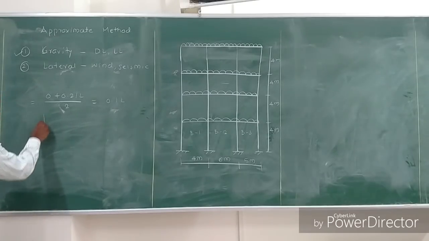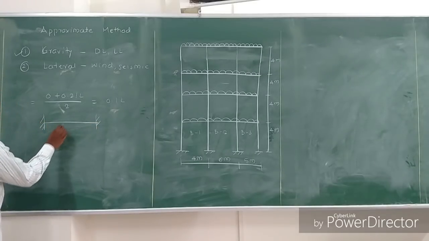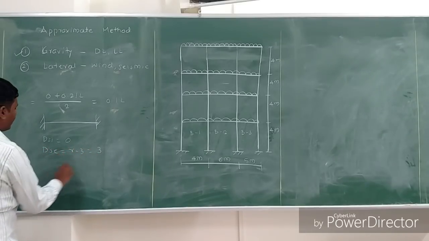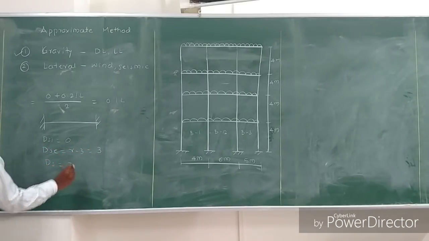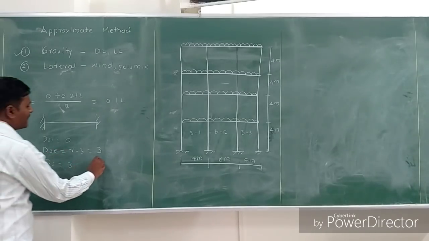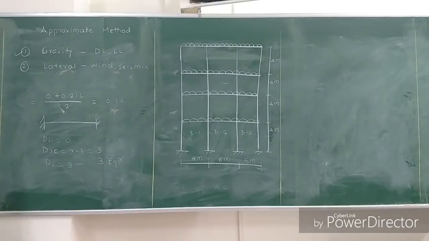Now if you check a typical fixed beam, what is the degree of indeterminacy? DSI becomes 0 and DSC becomes R minus 3, which is nothing but 3. Therefore DS becomes 3. To make the structure determinate, we need three assumptions, or we need to develop three additional equations which can help us solve the three unknowns.